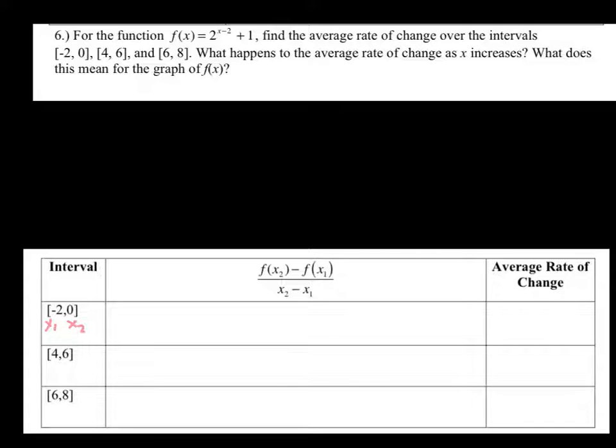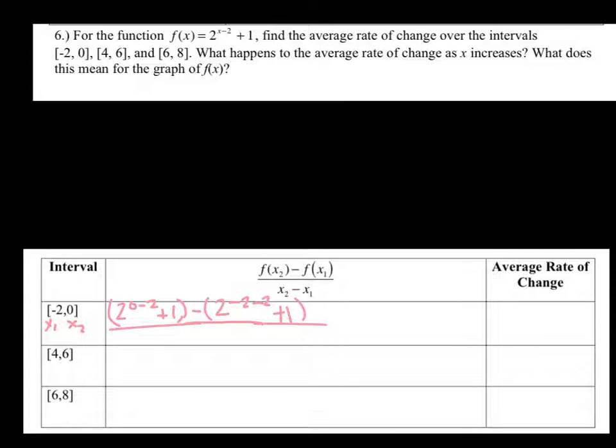If we're evaluating these functions, we substitute x sub 2 into our function first for x. So we'll have 2 to the power of 0 minus 2 plus 1, that whole thing, minus 2 to the power of negative 2 minus 2 plus 1.